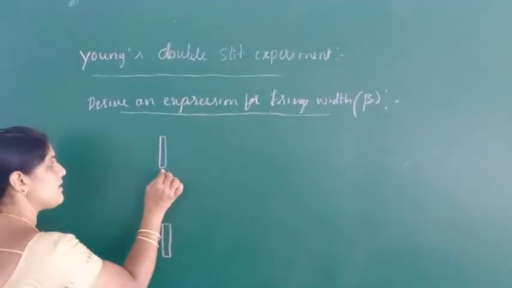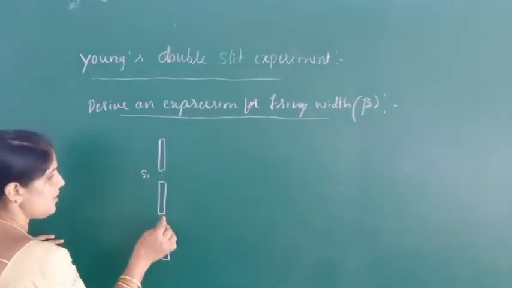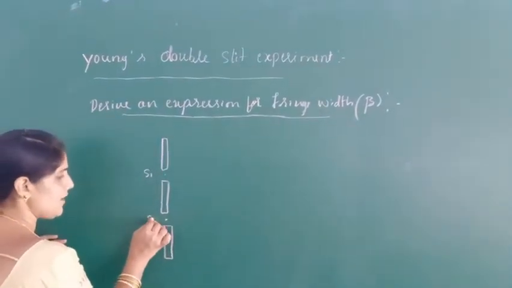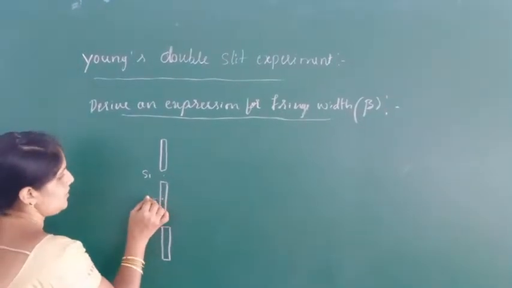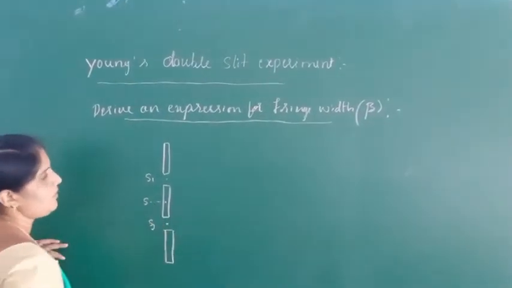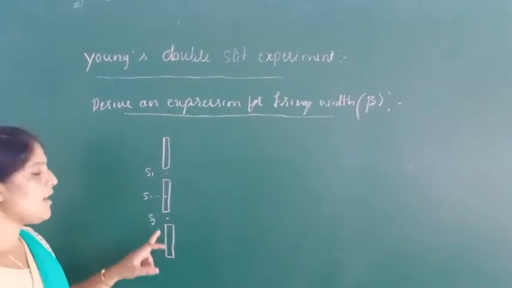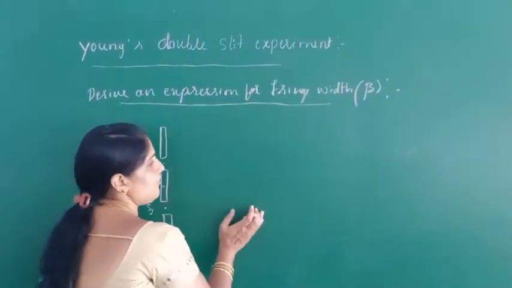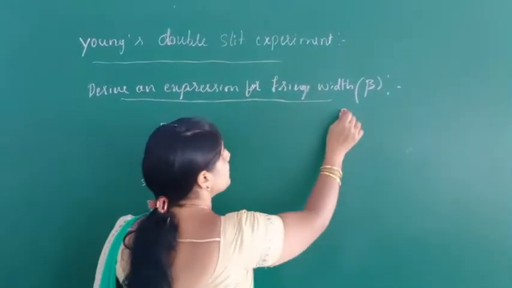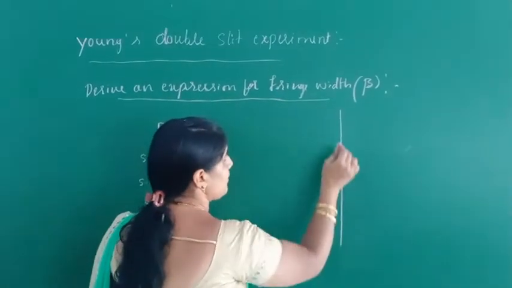Let us call this slit S1 and this slit S2. The center between the two slits is known as S. Next, to observe the interference pattern, we took the screen like this.